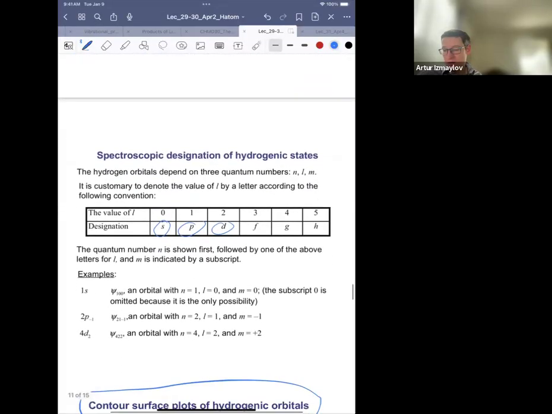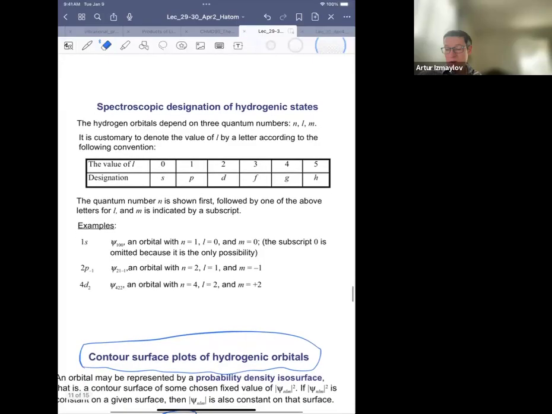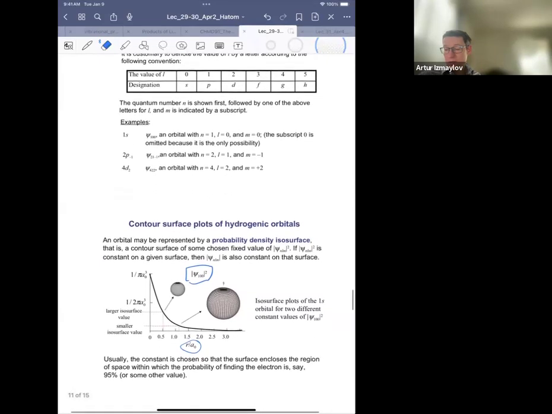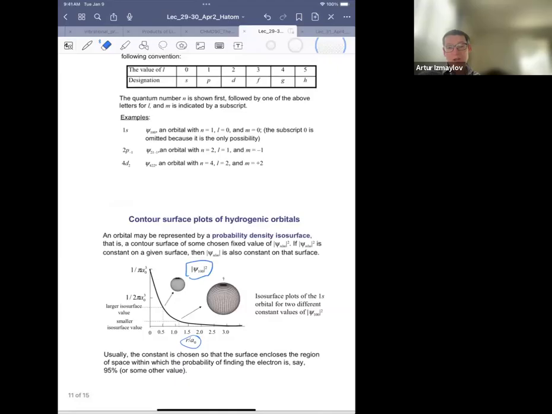Okay, so then there are these known terms that people usually use for L equals 0, 1, 2, 3, 4: SPDFGH letters. And we also could use contour surface plots for hydrogenic orbitals, because now we have 3 coordinates, and how do we really show a function of 3 coordinates? In the best situation, we have 3-dimensional space, right?